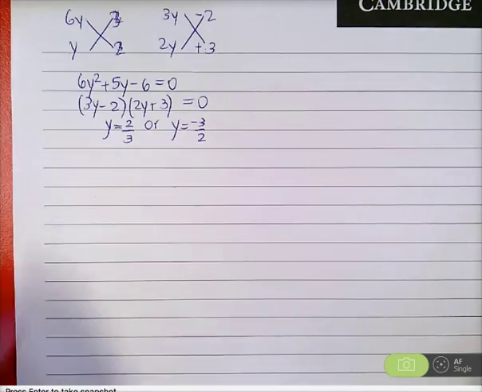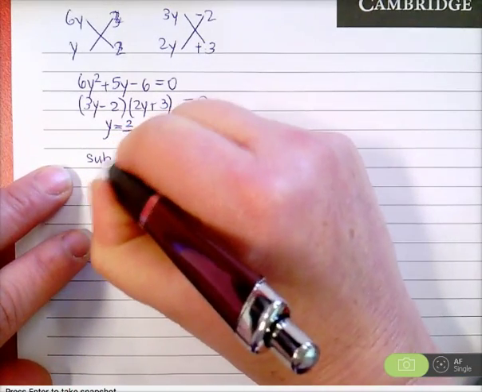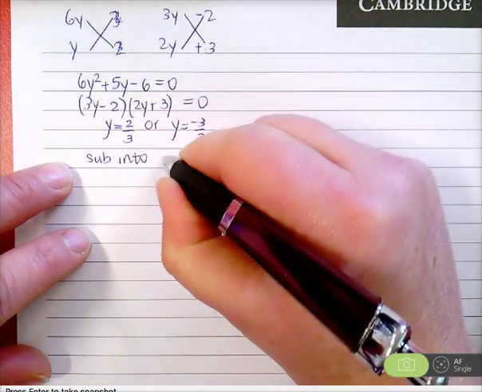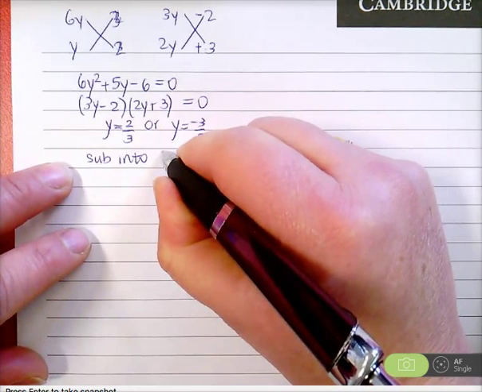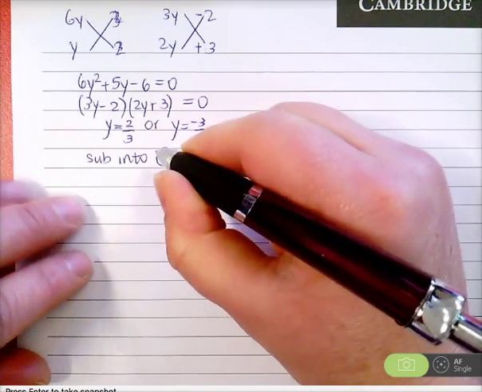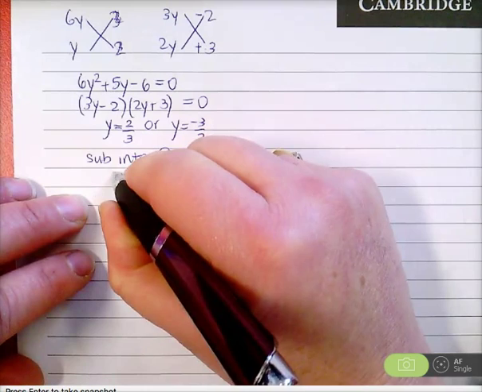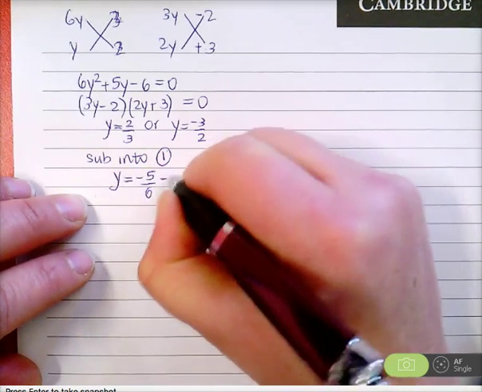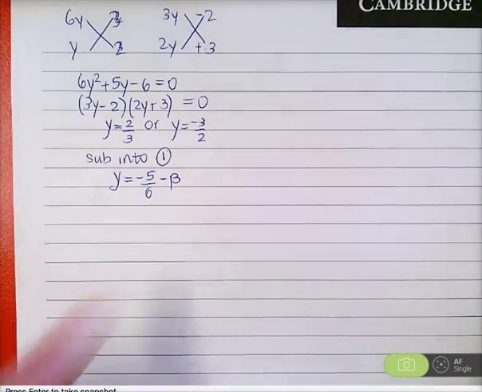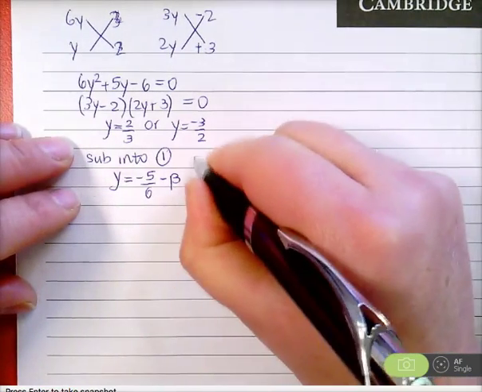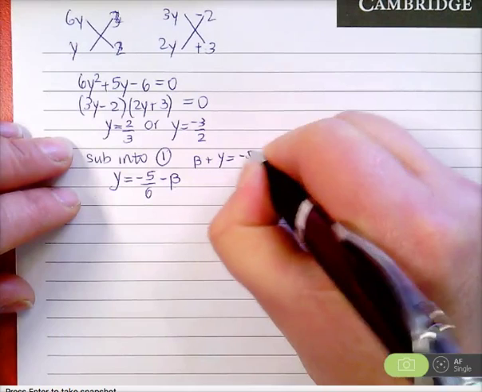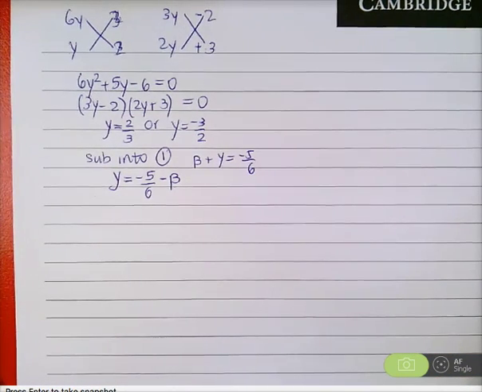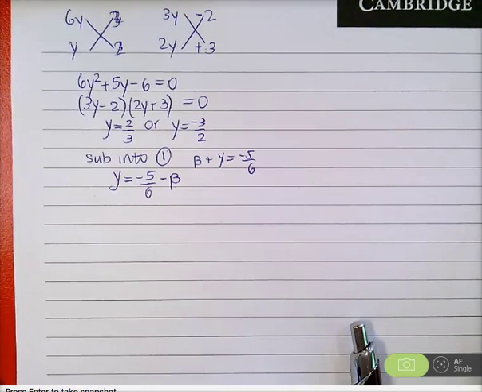Nearly done. And then you can just sub those both into equation 1. I've just rearranged equation 1. Equation 1 is beta plus gamma is -5 on 6. So I've just rearranged it to gamma is -5 on 6 minus beta.